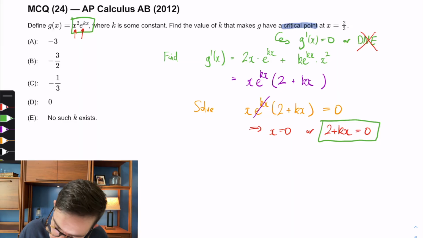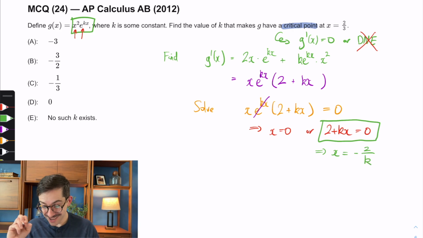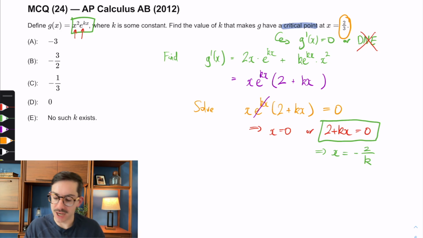Okay. So here, let's solve for x. So x is going to be negative 2 over k. And that is the critical point that I can try to make happen at 2/3.